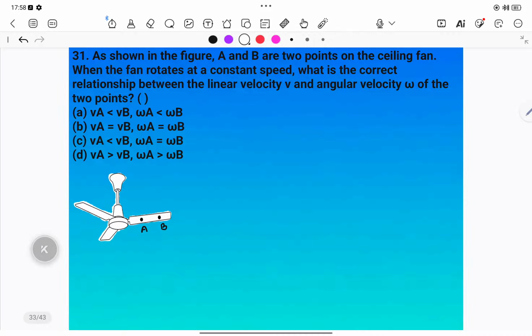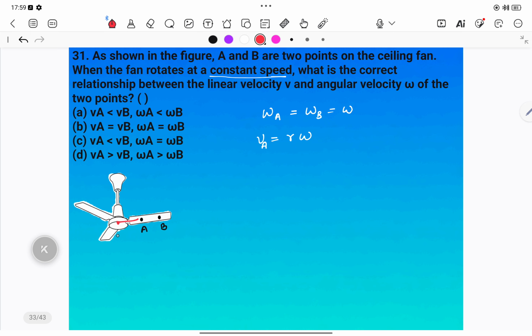Here, since the fan is rotating with a constant velocity, the angular velocity at both the points, that is omega A and omega B, will be equal, that is omega. And we know that linear velocity V is equal to R times omega. This is the velocity at point A and RA.